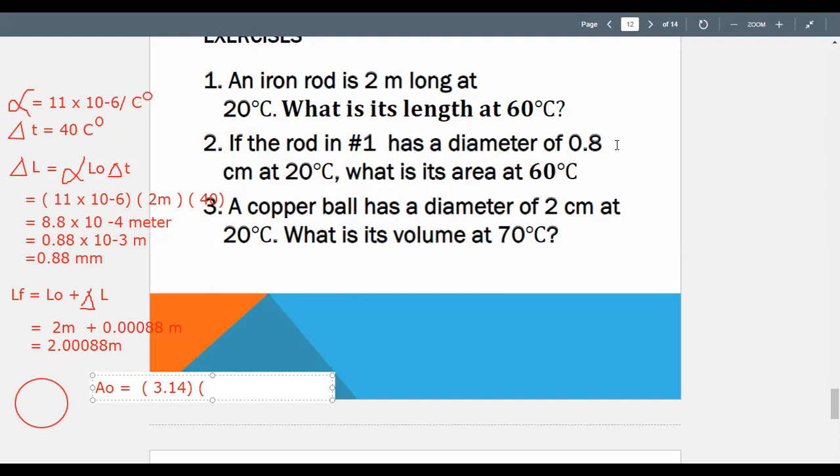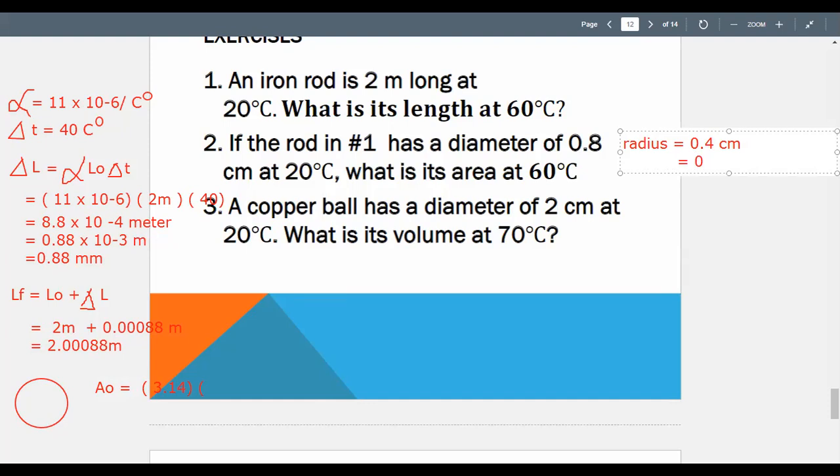What's half of a diameter of 0.8? What is our radius here? The radius must be 0.4 centimeter. But how do you write centimeter and make it into a meter? Centi is 100, so dividing it by 100, in meters that's 0.004.